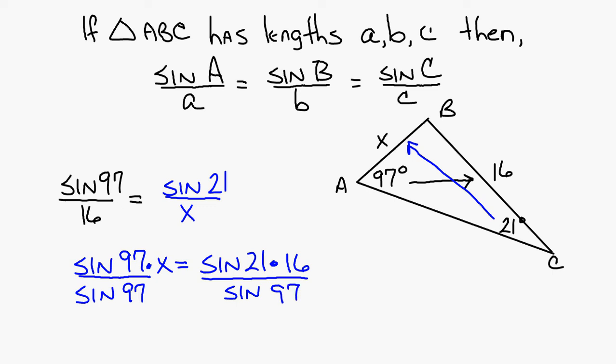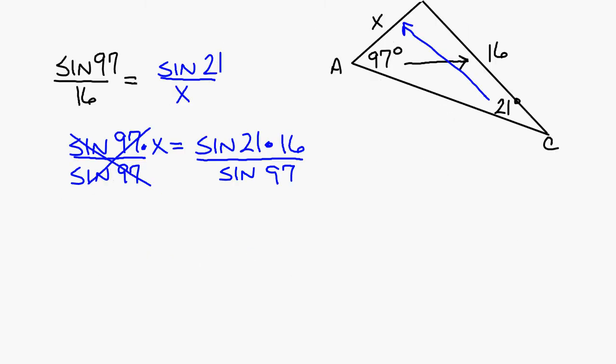Okay, now get your calculator out. These sine 97s on the left will cancel, and you're just left with the X. On the right-hand side, make sure you finish the numerator first, meaning make sure you push equals. Depending on what kind of calculator you have, it's either going to be sine 21 times 16, or 21 sine times 16. But make sure you hit equals after you do that.